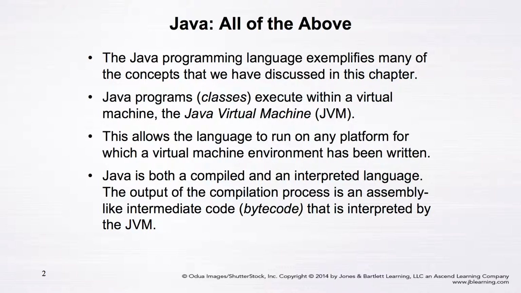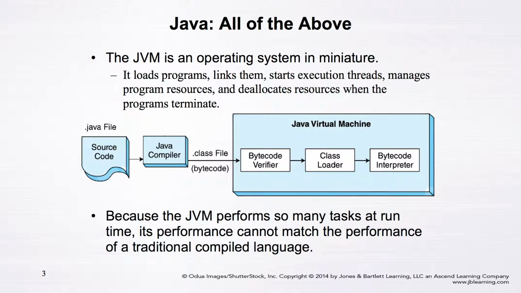Basically, Java is both a compiled and an interpreted language. The output of the compilation process is an assembly-like intermediate code, the bytecode, that is interpreted by the Java Virtual Machine. So here's the basic procedure of how the Java code is going to be executed.